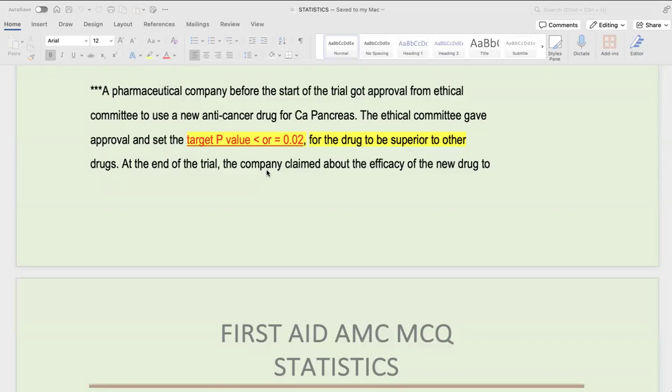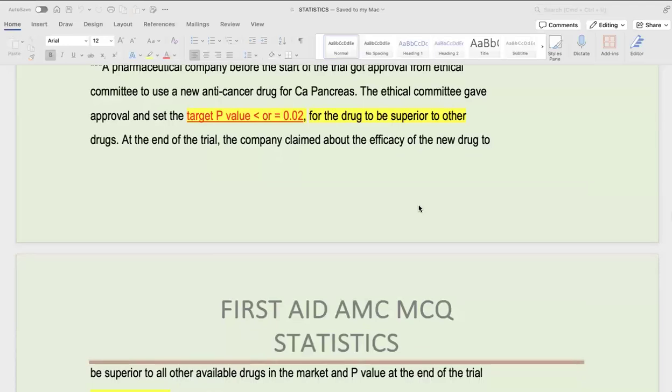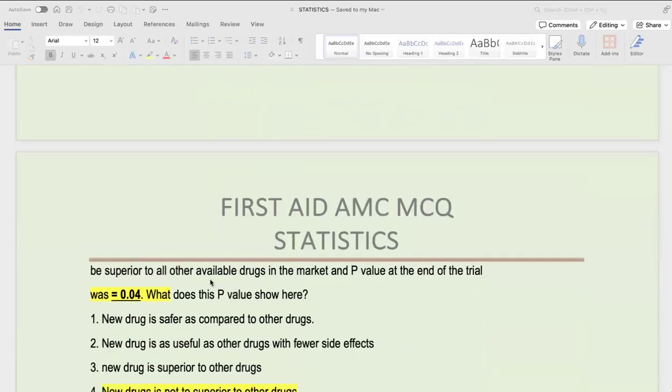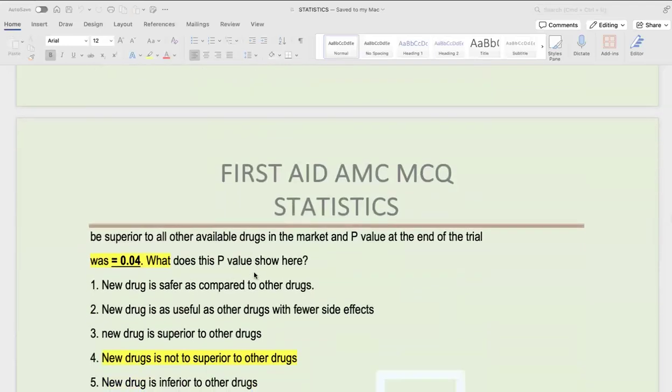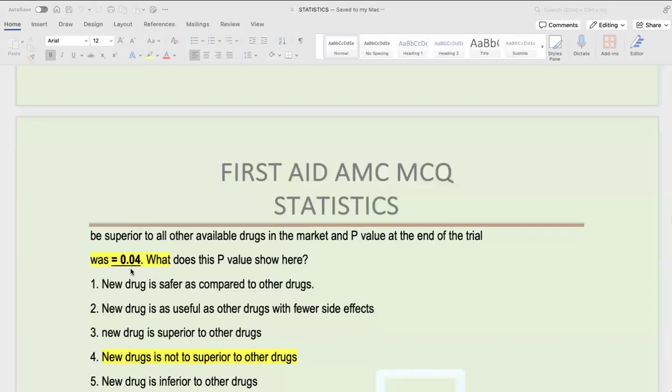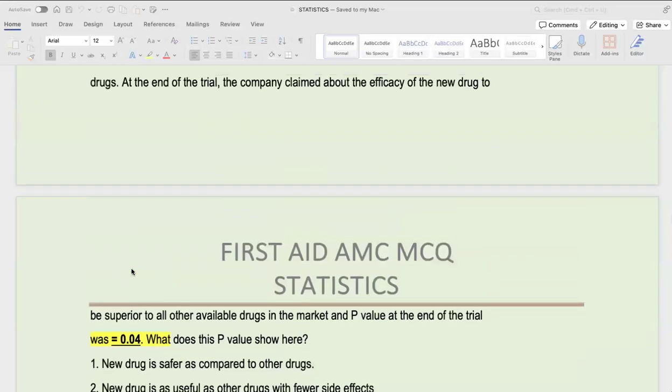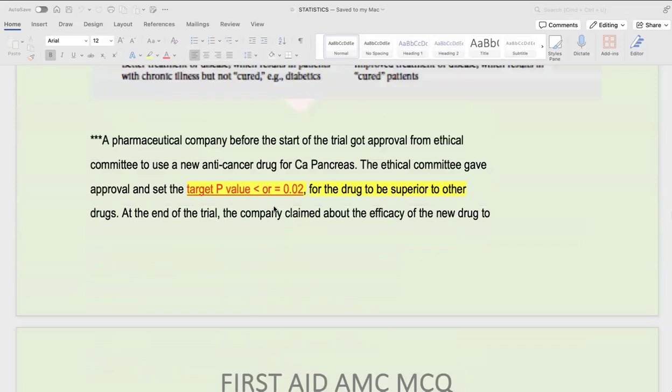At the end of the trial, the company claimed about the efficacy of the new drug, that yes, it is superior to all other drugs in the market, but it found the p-value as 0.04. So ethics committee set it that it has to be less than 0.02.